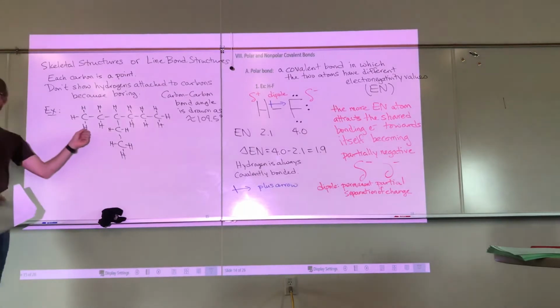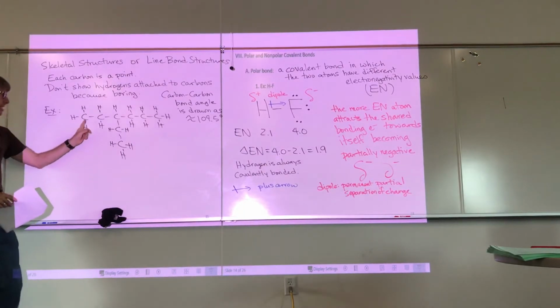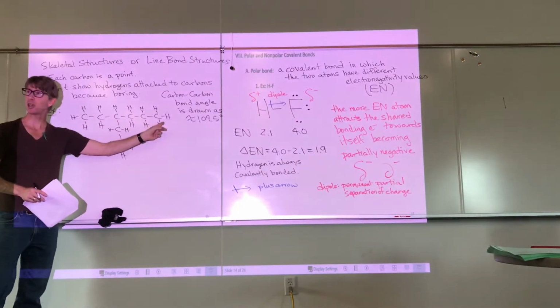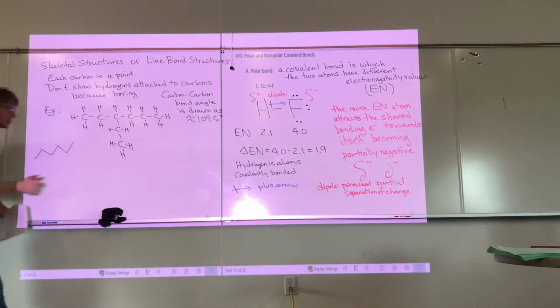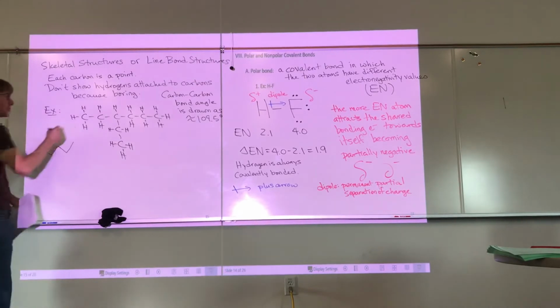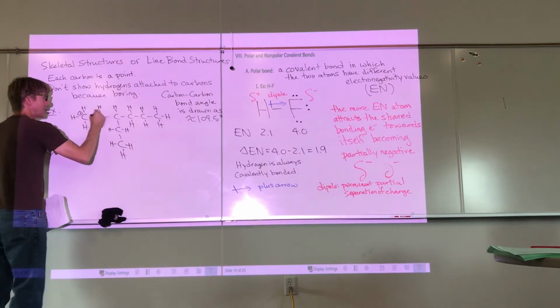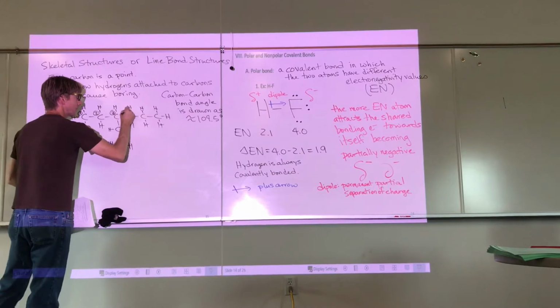Now here's what the skeletal structure looks like for this. See 1, 2, 3, 4, 5, 6 carbons? Watch this. 1, 2, 3, 4, 5, 6. That's those 6 carbons. I still have 2 more carbons to go. Just for effect, and since it's our first time, I'll number my carbons.